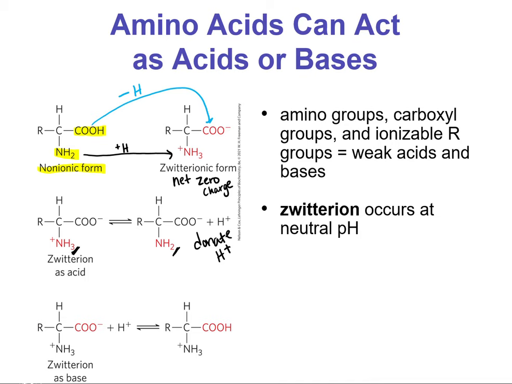Zwitter ions can act as a base by picking up an extra hydrogen. So this acts as a proton acceptor. And we go from a negative charge here to no charge. So Zwitter ions are very important.